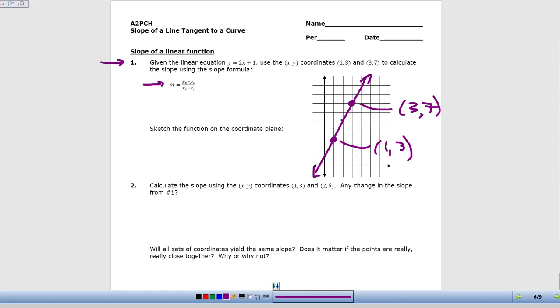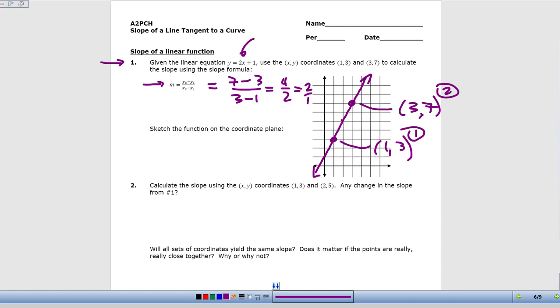If we use this as our point 2 and this as our point 1, we get 7 minus 3 over 3 minus 1, which is 4 over 2, which is indeed 2 over 1, or 2. We know from our experience with y equals mx plus b that the slope is going to be 2, and we confirm that with the calculation using that slope formula. So question number 1, we got that done.